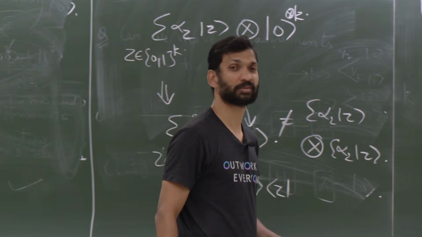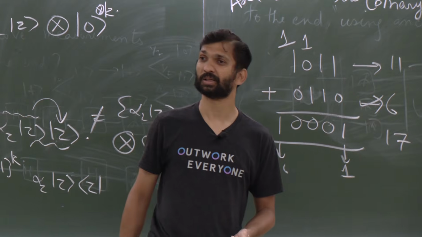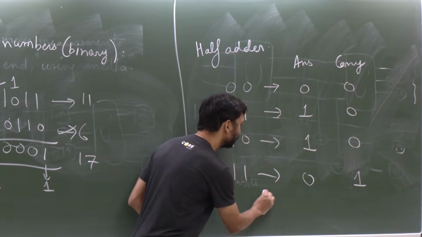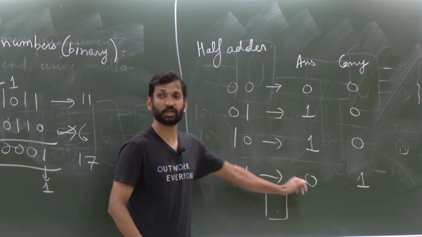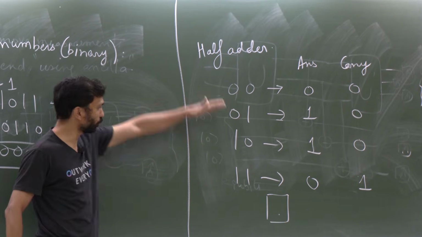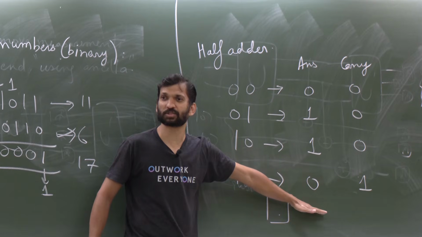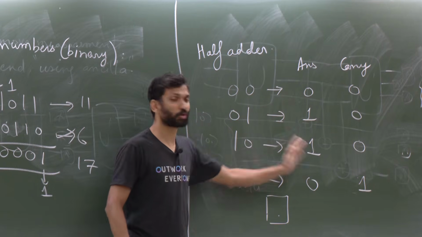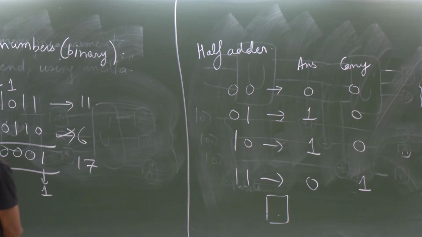Keep looking. So, what 2 qubit unitary will go from here to here? This is what I want, right? I have 2 qubits given here. I want to generate these 2 qubits. What 2 qubit unitary will take me from here to here? That's the question I am asking.